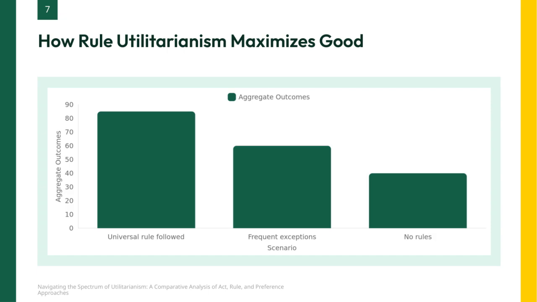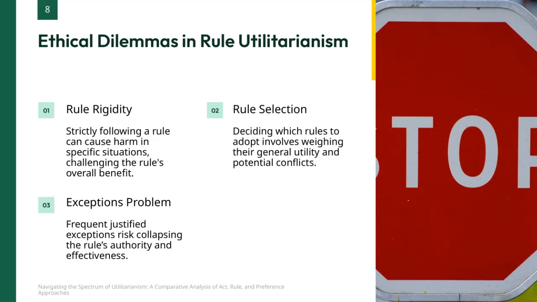Finally, when no rules are followed at all, the outcomes fall even further to 40, demonstrating the challenges and negative consequences of rule absence. This data clearly supports the idea that rule utilitarianism, by emphasizing consistent rule following, maximizes overall good more effectively than the other scenarios.